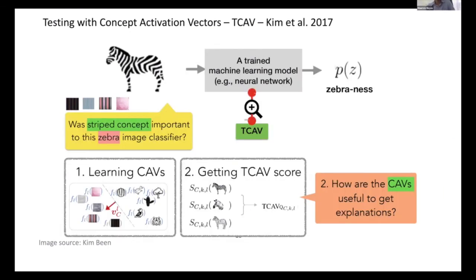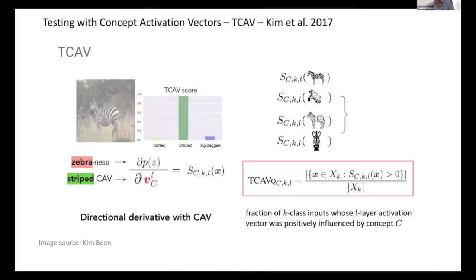And then I'm going to just accumulate this for a given training set. This equation here is just telling me how much positive activations I have over a complete training data set. So it's a fraction of inputs that are activated by that, for example, stripe image, right? So for example, here you see this input image, and I have three concepts. One is dotted, stripe, and zigzag.